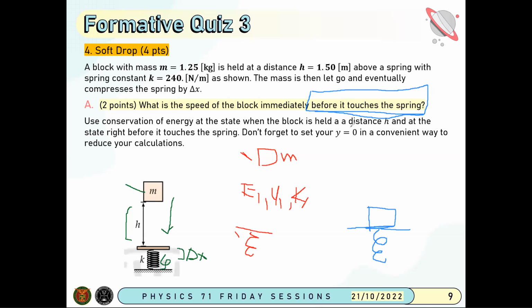Remember this keyword: just before, immediately before it touches the spring. So ano ibig sabihin nun sa spring? Dapat hindi pa na-compress si spring. So yan yung final state natin. E2, define U2, and then K2 there.